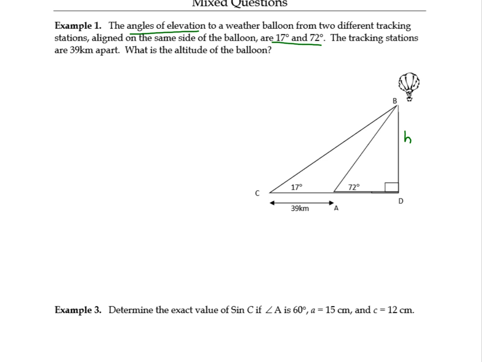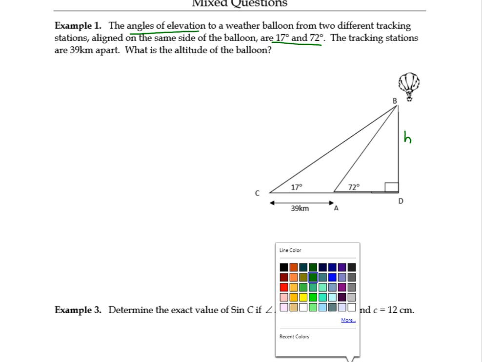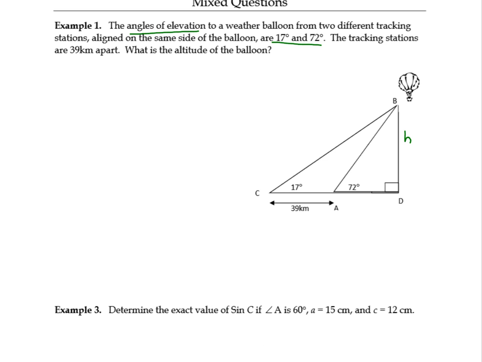Now, we can't use SOHCAHTOA here because in order to use SOHCAHTOA with the right triangle, we need to know two pieces of information, an angle and a side. But if I look at the big right triangle, the very big one, let me just use the highlighter. Okay, this big one. I know 17 degrees, but do I know the hypotenuse or the adjacent side or the opposite side? Do we know the adjacent?